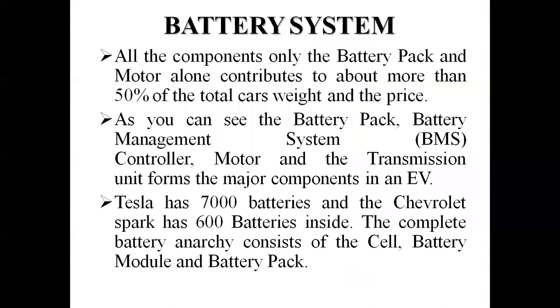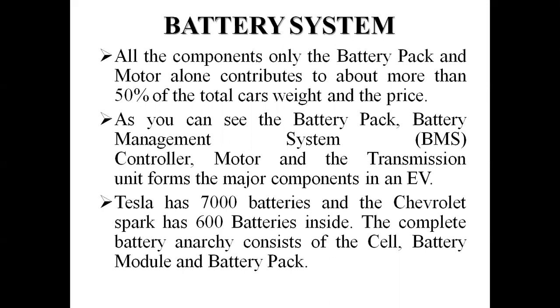Now we have a battery management system. If you look at an electric vehicle, 50% of it is batteries, 50% of the cost, 50% of the price; the rest is the other systems.